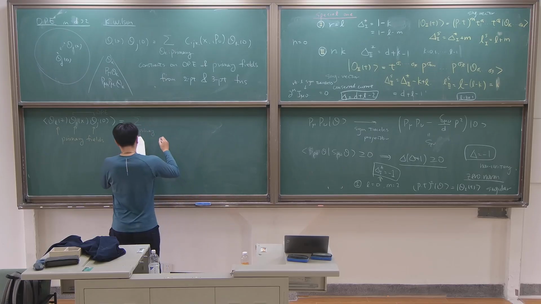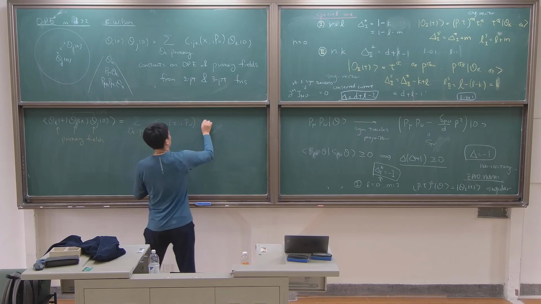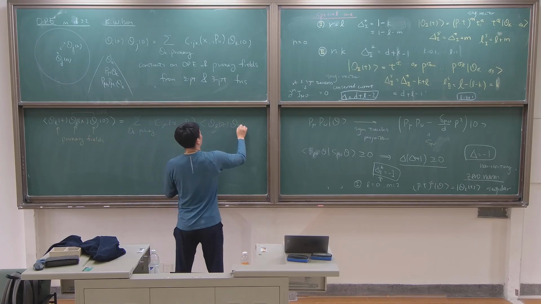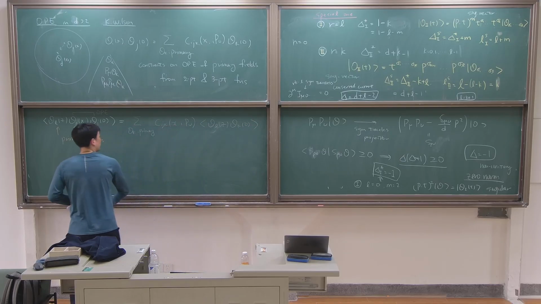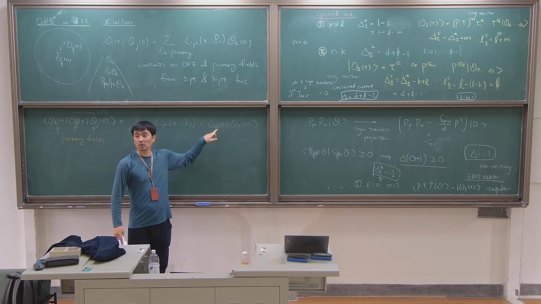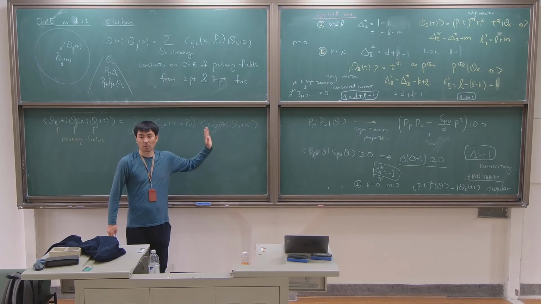So C_ijk and x_i, p, nu acts on O_L of z and O_K of z. That's what you get. However, we know this 2-point function is only non-vanishing when O_L and O_K have the same conformal dimension, the same operator.